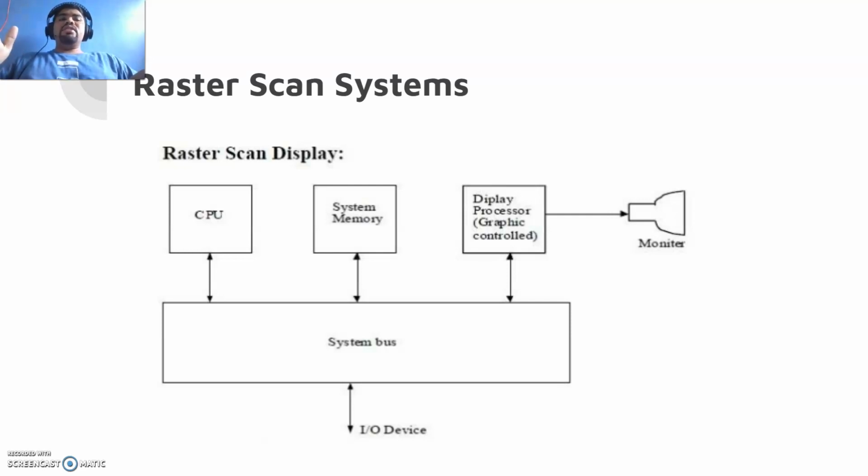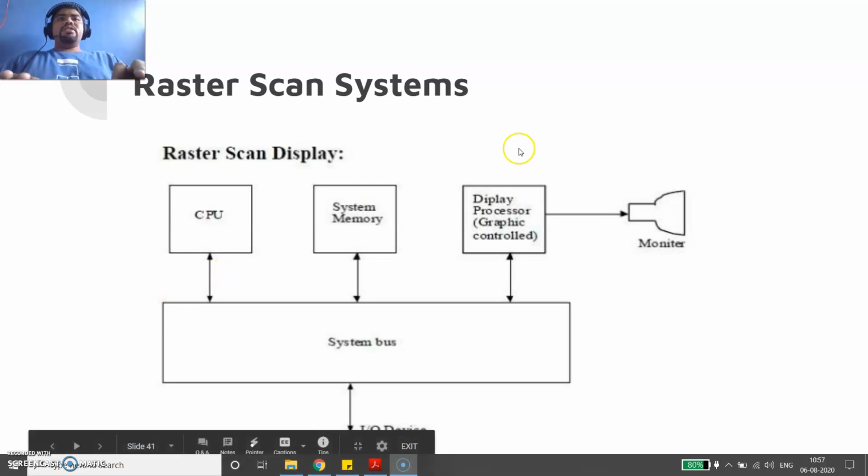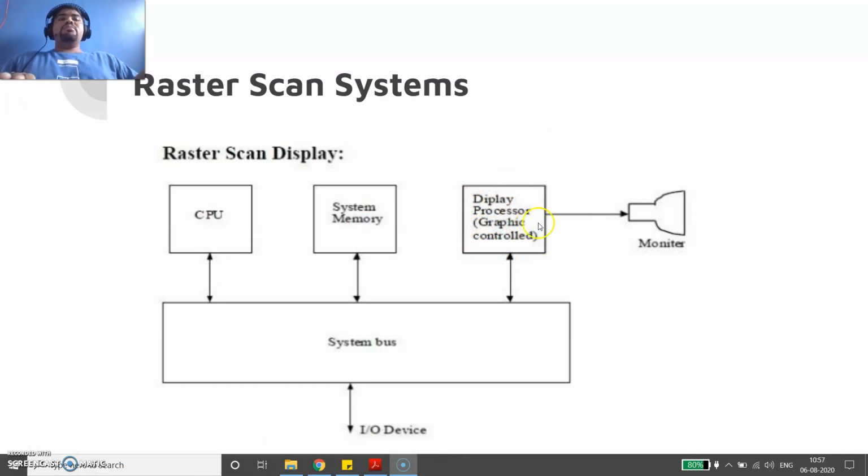Now, in addition to the video controller, more sophisticated rasters can employ other processors as co-processors and accelerators to implement various graphic operations. Understand that this display processor, graphic controller or video controller module gives direct access to the monitor.